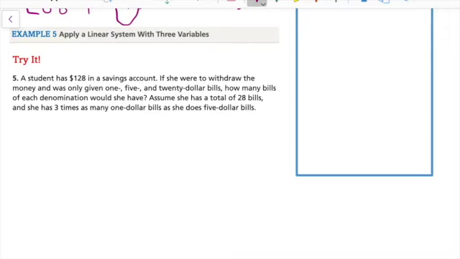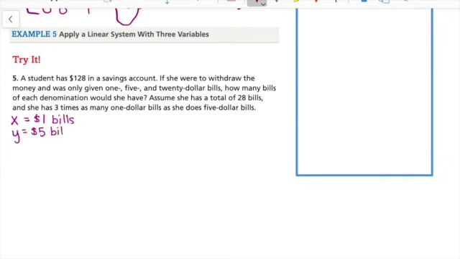Assume that she has a total of 28 bills and she has 3 times as many $1 bills as she does $5 bills.